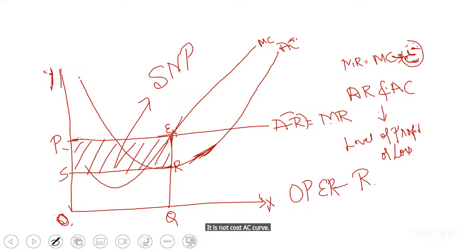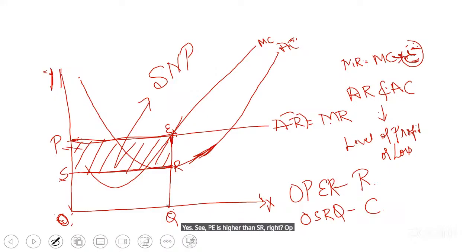So now OSRQ is cost. Which is greater? OPEQ. See, PE is higher than SR, right?